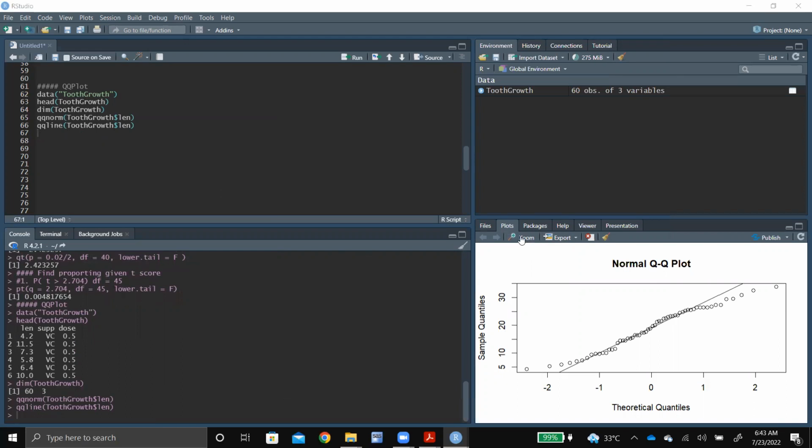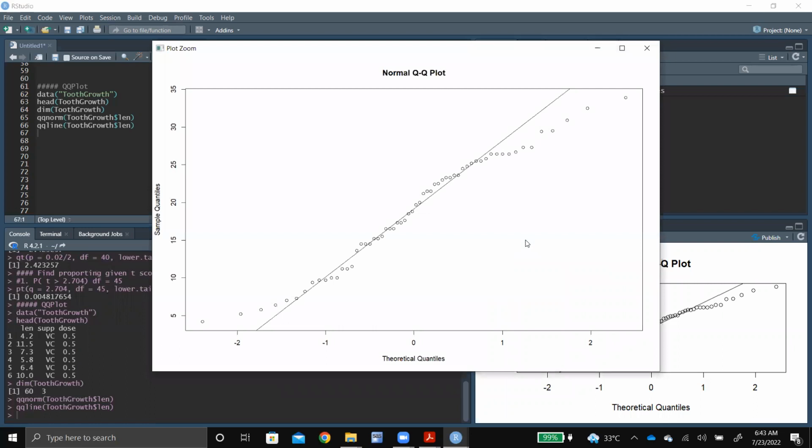If I zoom this, you can see that this is a straight line, this 45-degree line that passes through. And there are a lot of points which are scattered and not falling on the straight line, especially at the ends. So we can clearly say that the length variable is not normally distributed.